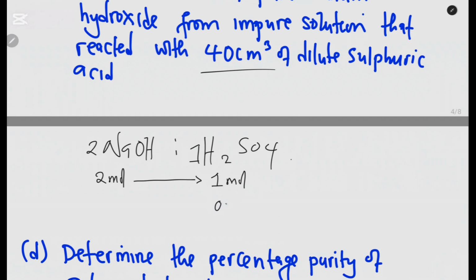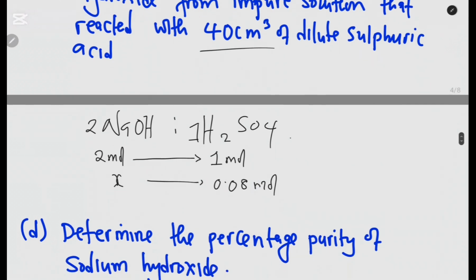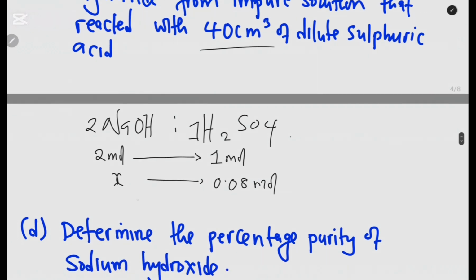What about 0.08 moles of sulfuric acid, the one that we found? What would be the mole of sodium hydroxide? So X here is going to be 2 multiplied by 0.08, which gives us 0.16 mole.